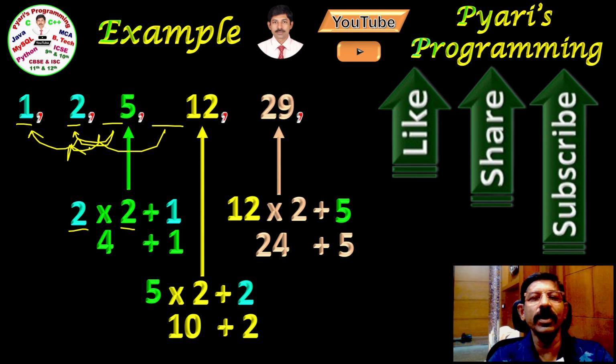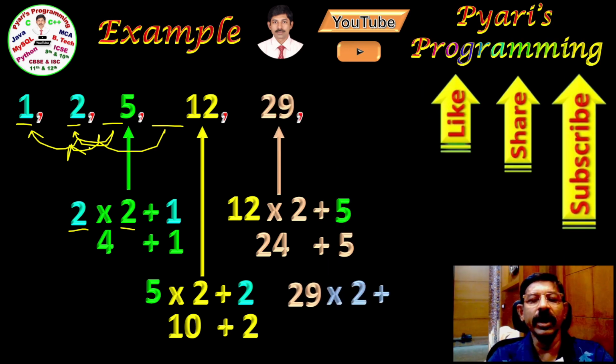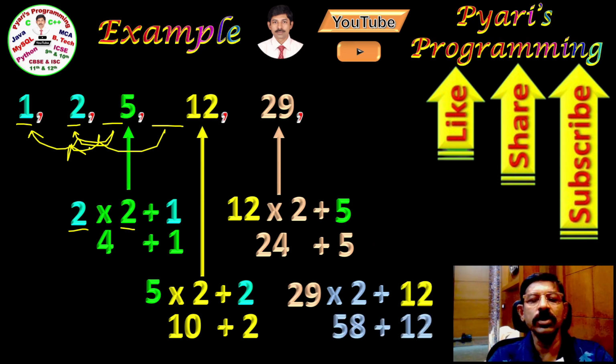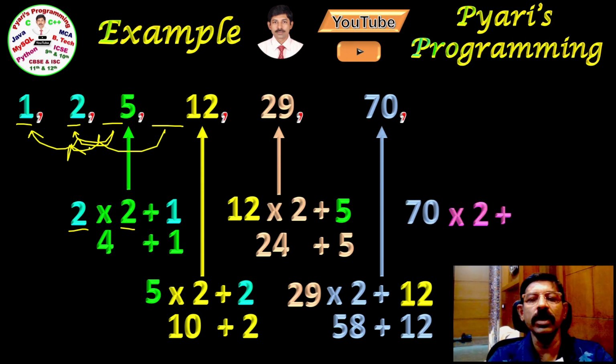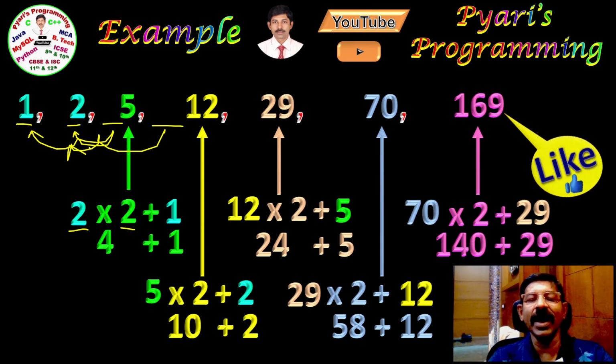We got 29. The next term is 29 into 2, 58, plus previous 12, which is 70. The next term will be 70, twice of 70 plus previous 29, which is equivalent to 169.